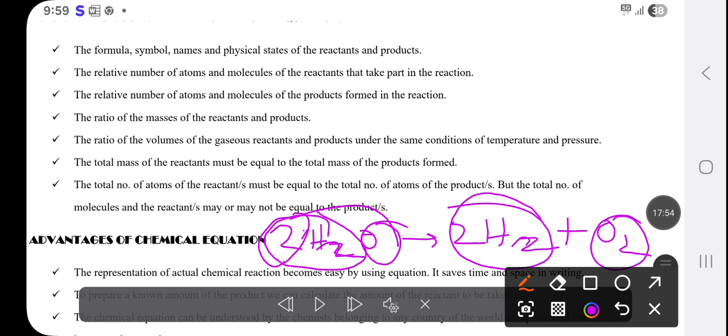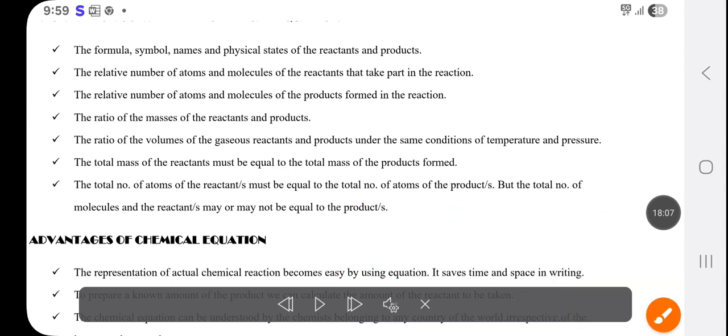That means the number of molecules may or may not be the same, but the number of atoms will always be the same. Here is 4 hydrogen, here is 4 hydrogen, here is 2 oxygen, here is 2 oxygen.